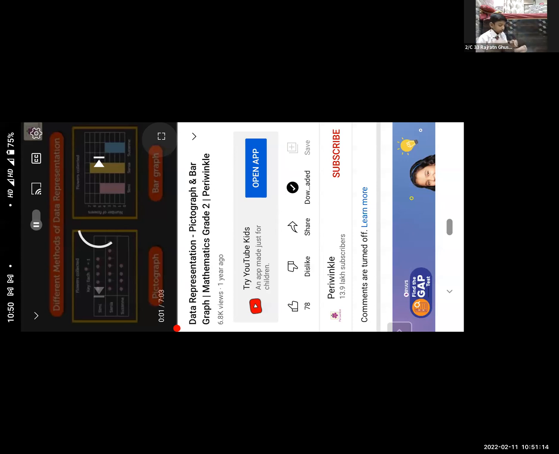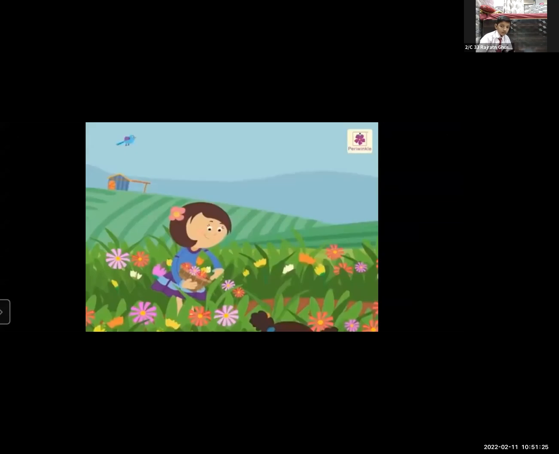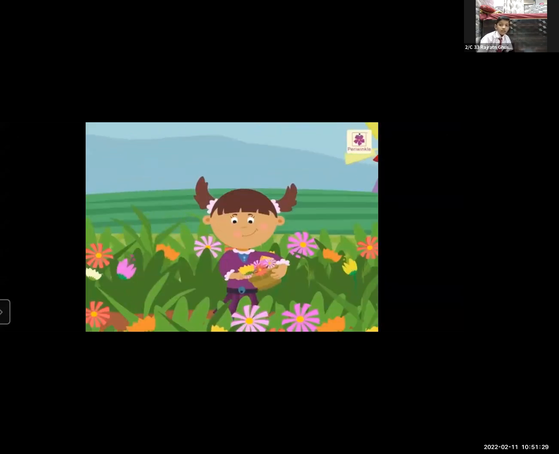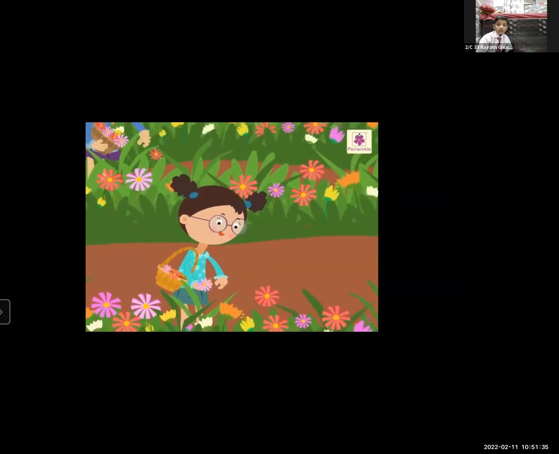Today, we will learn how to read a pictograph and a bar graph through some examples. Pictograph. Look at the flower farm. Simi collected 5 flowers. Sanya collected 7 flowers and Suzanne collected 4 flowers from the farm.